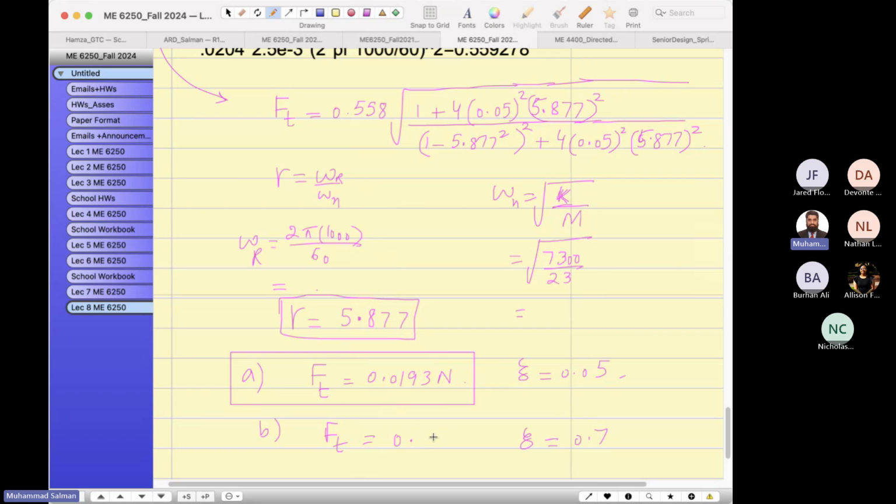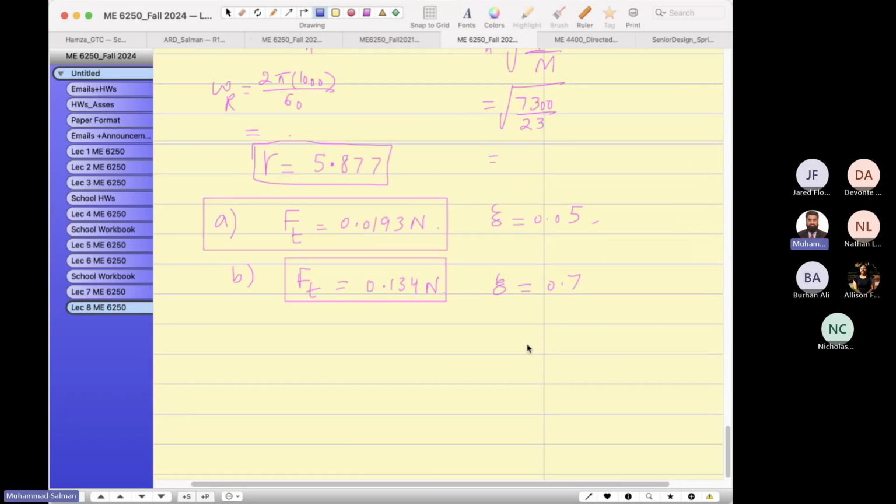The force transmitted is a little bit greater because of the damper, if it is a heavy damper, and the force transmitted formula is kx plus c x dot. So the larger the damping coefficient, the larger will be the transmitted force. That makes sense, correct?